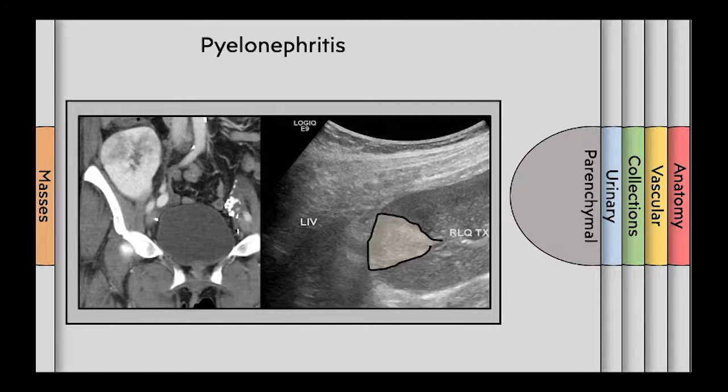Pyelonephritis typically manifests as a wedge-shaped hypodense area on contrast-enhanced CT, as can be seen here. On ultrasound, the imaging features are much more subtle. In this case, the flagrant pyelonephritis on the left is much more subtle on ultrasound, where it can appear mildly hyperechoic with decreased flow on Doppler imaging.